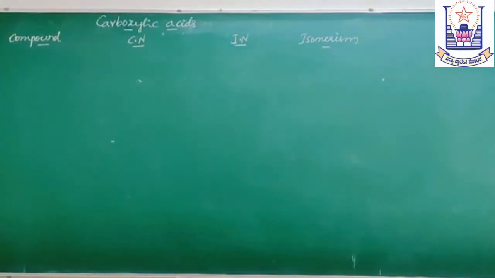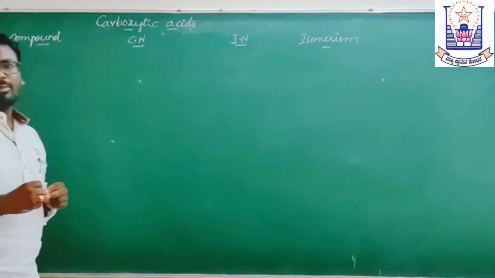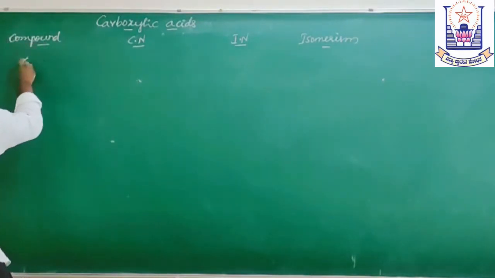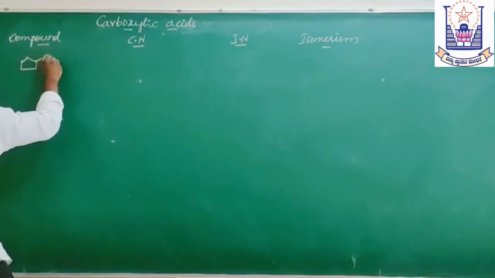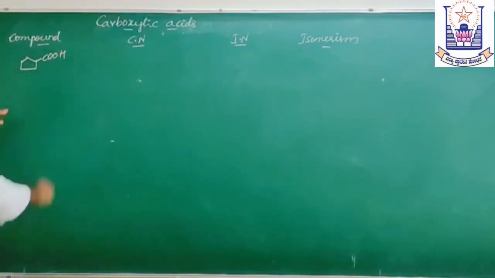Let us consider some cyclic carboxylic acids like this. So it is a ring with 5 carbon atoms. 1, 2, 3, 4, 5. Okay.